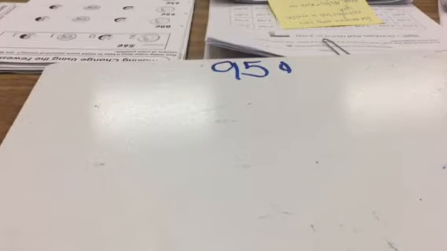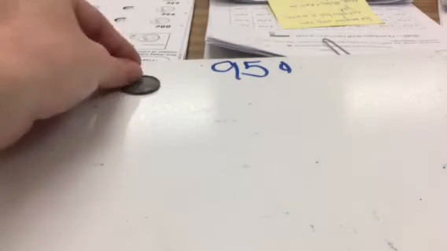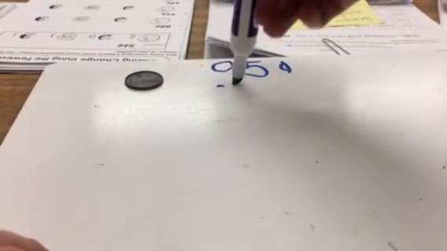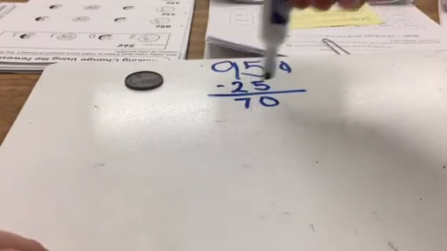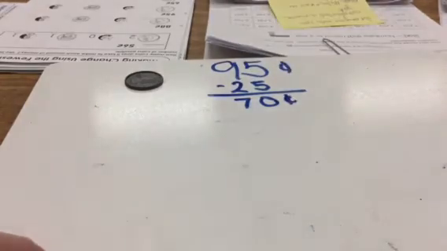So in order to get less coins, I need those coins to be worth a lot. So we're going to start with the biggest value coin. The coin that is worth the most is my quarter, 25 cents. I need to figure out how much do I have left that I need to figure out how to make. So I have 70 cents I have left to make. Can I use another quarter?